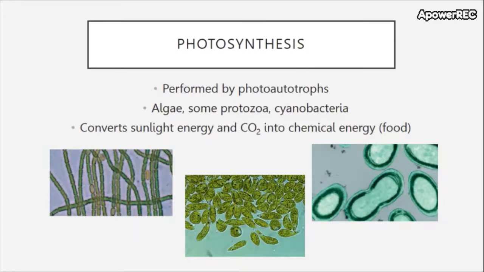And here we have an example of all three of those. We have our algae here on the bottom right, and algae tend to have a very square-like structure. That's because the cellulose inside of algae provides a very rigid and strong cell wall. Here we have some protozoa. Protozoa tend to be very oblong. They tend to be active movers, and so they often have this sort of aerodynamic shape.